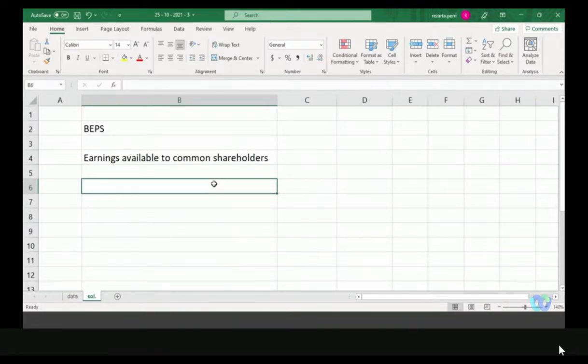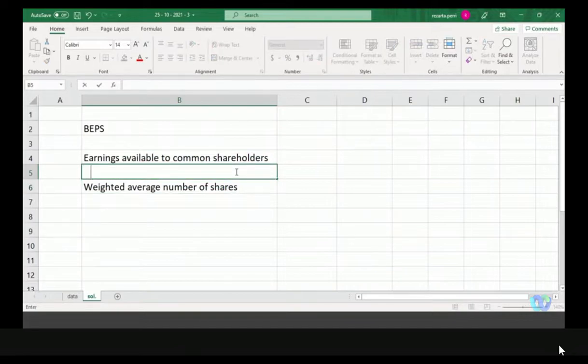And then I'm just leaving a row blank in case I need to put some information there. And then we are going to put the weighted average number of shares. Now remember that the earnings available to common shareholders will be equal to net income less preferred dividend. So let's keep that in mind.